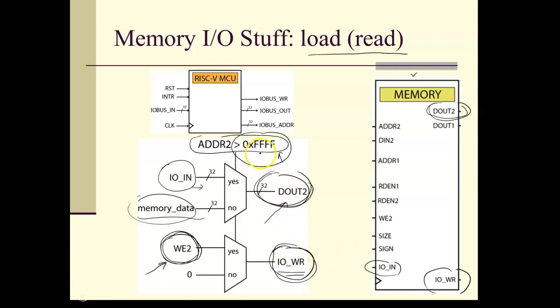So when the address is above FFFF, this signal matches this signal. This is going to be a pulse, and so this is going to be a pulse also. This is super important. When we start talking about the wrapper, we are going to get a pulse that we send upwards. You can see this is the pulse right here. When I'm doing an output, this is going to send a pulse to the outside world, and we'll use that later. Okay, I'm going to call that done.